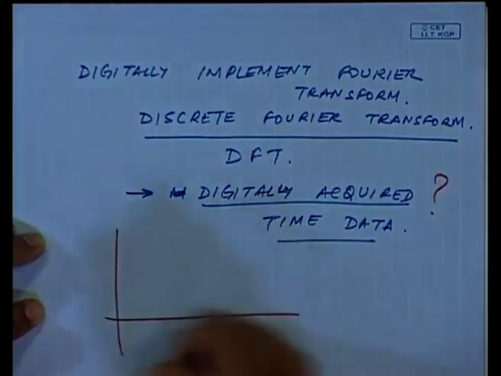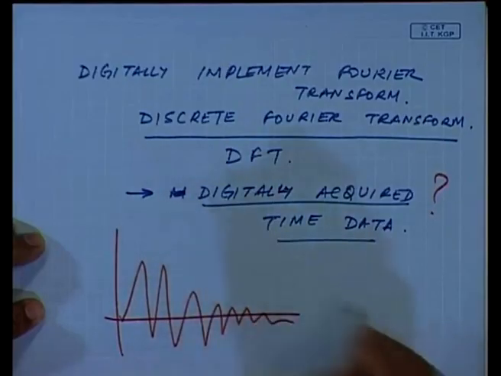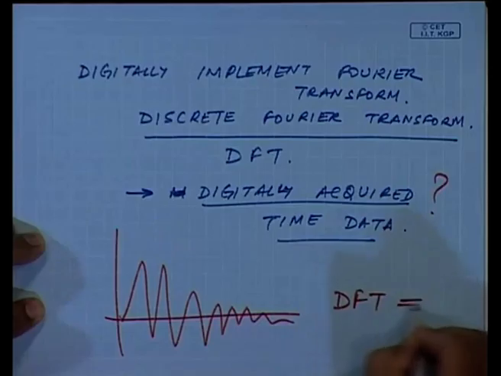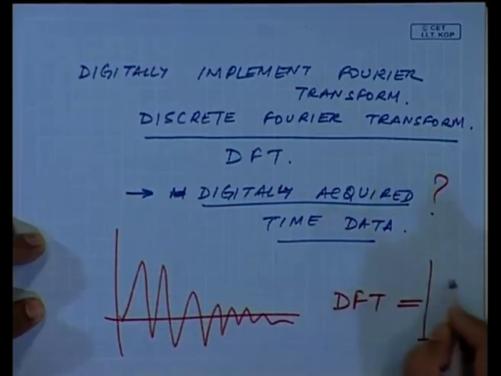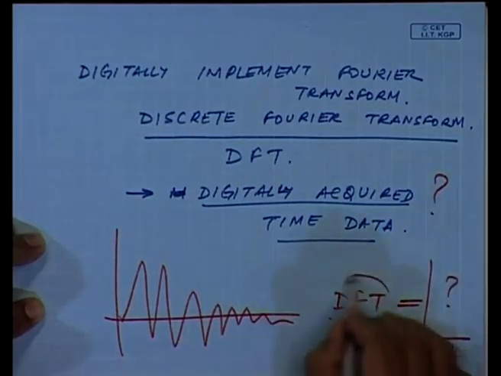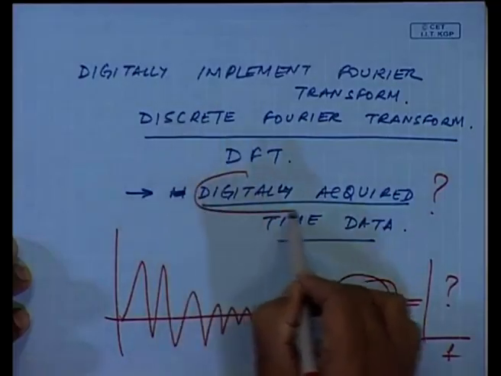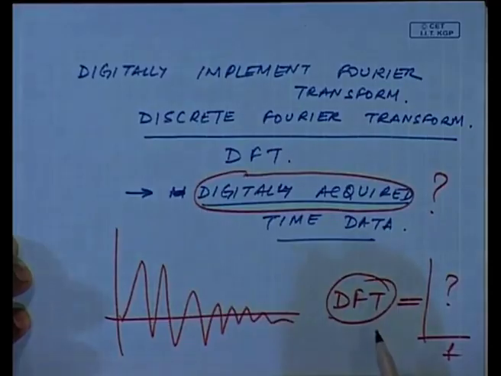I have a signal which is occurring like this. I want to do a DFT so that I can get the frequency spectrum, but then the question is how do I do the DFT? Well, there are many algorithms to do DFT, and we will discuss that in the subsequent classes, but most important is I need to digitally acquire the time data, and that is what is known as computer aided data acquisition.